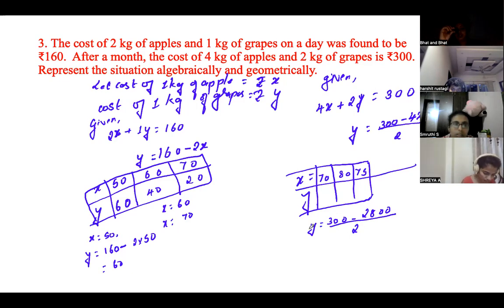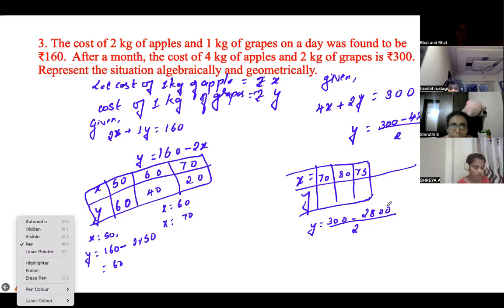No, the calculation we did was correct. Or is it wrong? Why is there an extra 0? 70 into 4 will be 280, right? 280, I put an extra zero here.